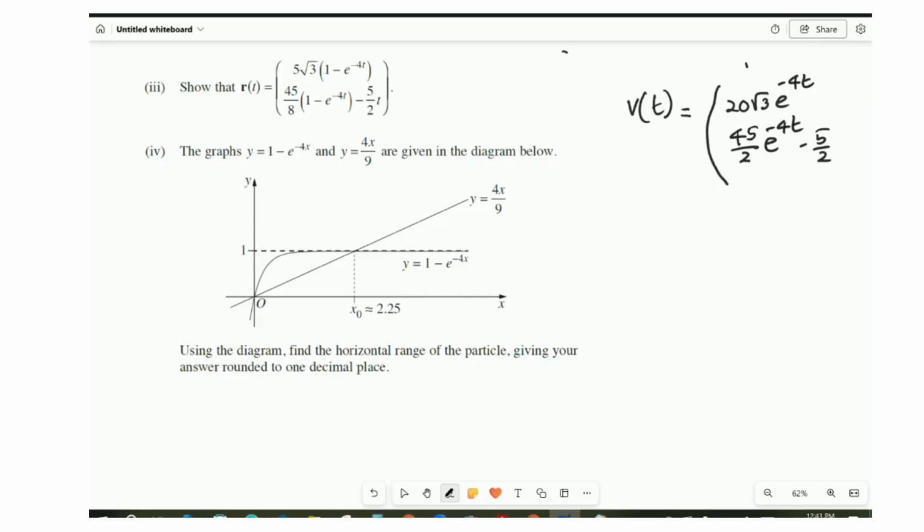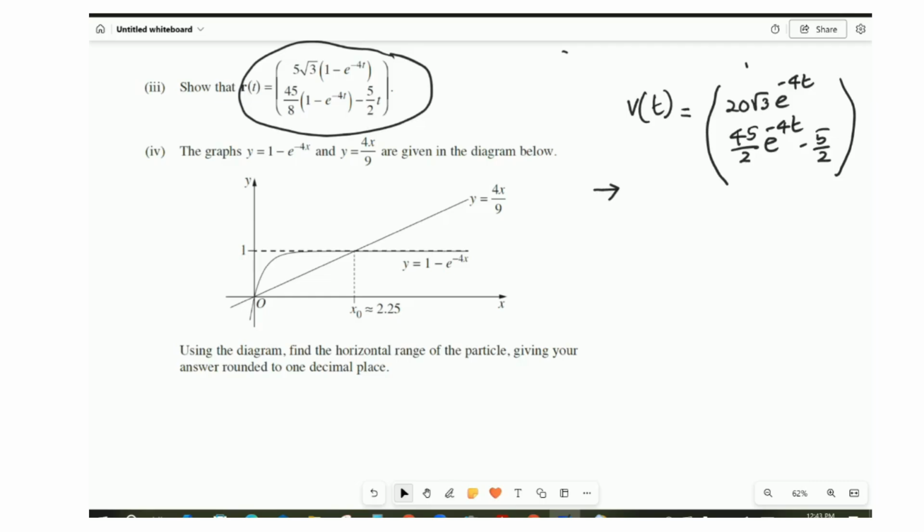So we found this one. Now what we need to find is the displacement vector, that is r(t). To find that, let's start with the velocity.